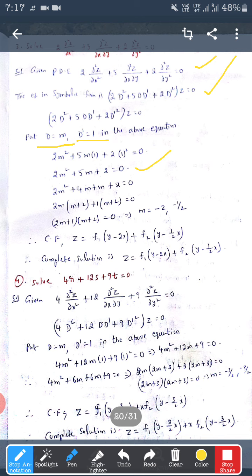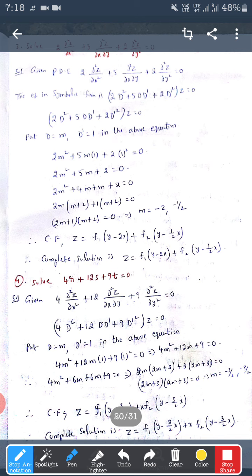If we solve this equation, we get roots as minus 2, minus 1 by 2. Therefore, the complementary function is z is equal to f1 of y minus 2x plus f2 of y minus 1 by 2x, because these roots are real and different. This is the complete solution.